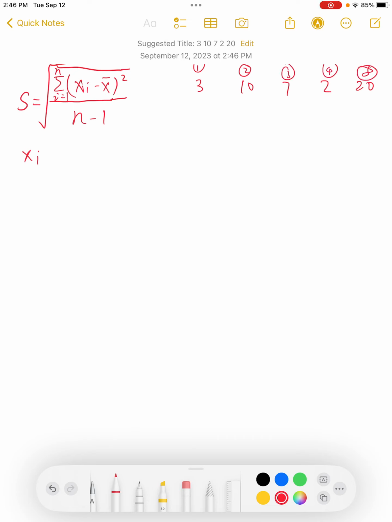The xi is x1, x2, x3, x4, x5. Here i is the index of the data, so i equals 1, 2, 3, 4, 5. xi is the data in the data set.